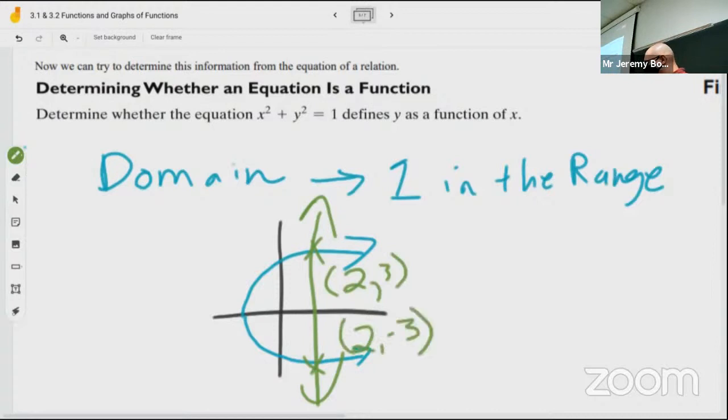So for that domain value of 2, you have two different values in the range, 3 and -3. That's what would make it not a function. It's just a relation at that point. Any questions on that?